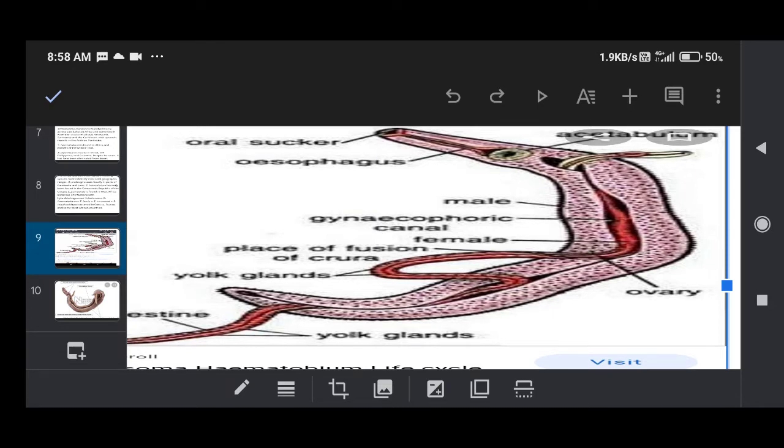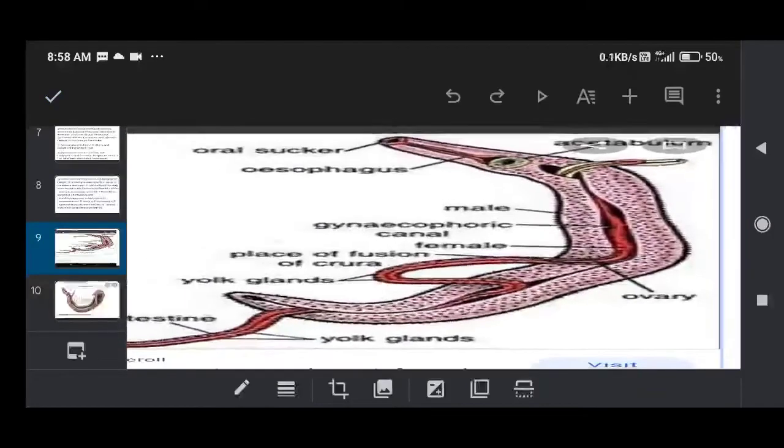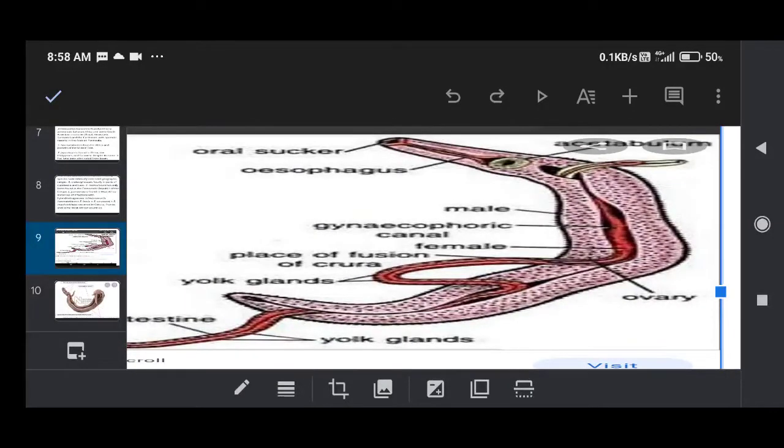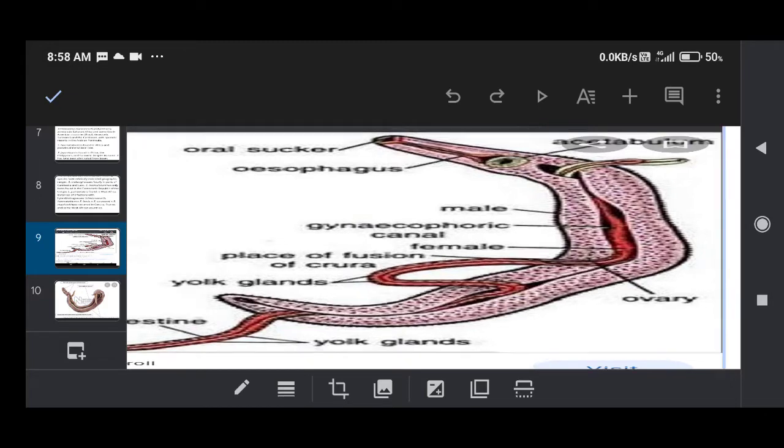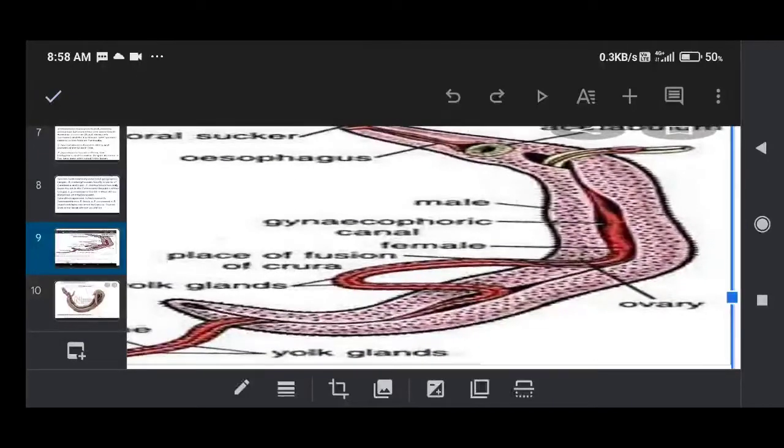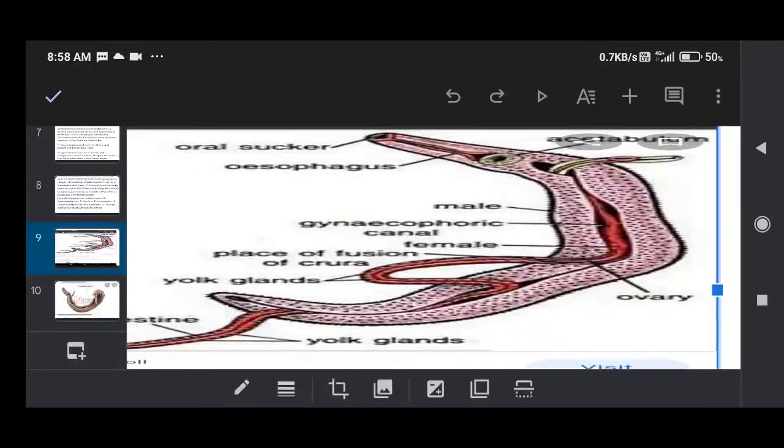Below the ventral sucker, the male has a special cavity called the gynecophoric canal. In this canal, the female is present, so it always looks like a reproductive condition. That is the reason this is called a wedded condition. The female inhabits the male's cavity, the gynecophoric canal.